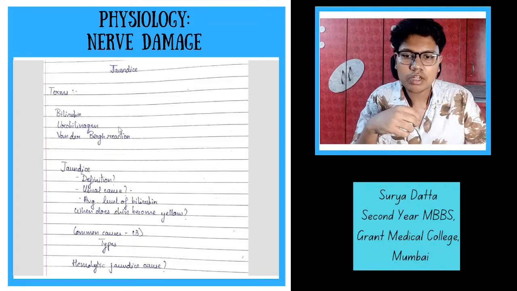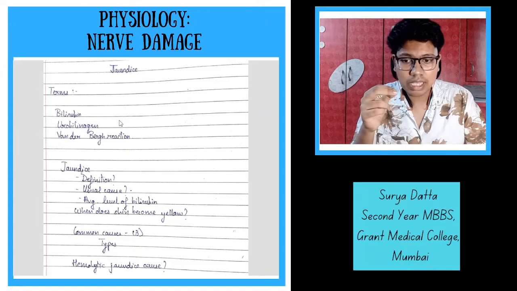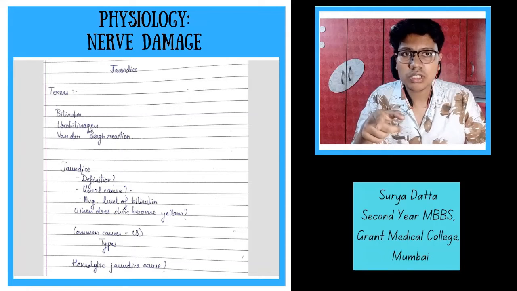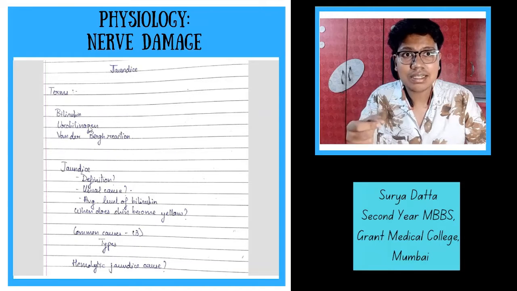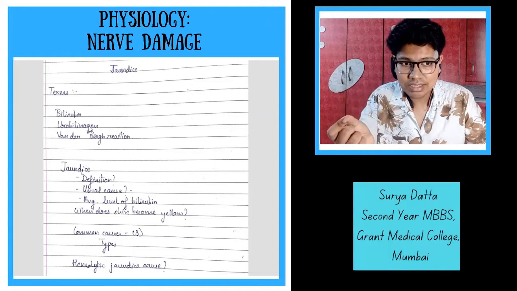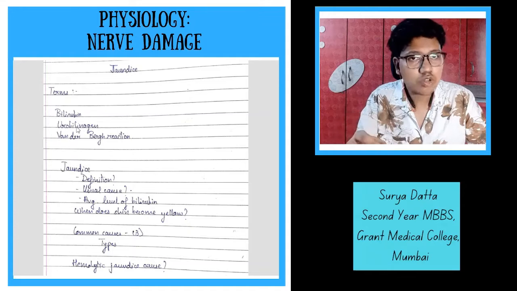Now urobilinogen. Urobilinogen is a part of the porphyrin cycle, but urobilinogen can also be formed when the bilirubin gets digested by the bacteria that are present in the intestines, and the bilirubin gets converted to urobilinogen.